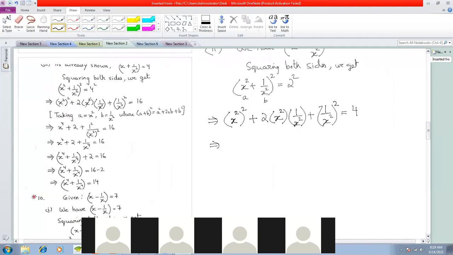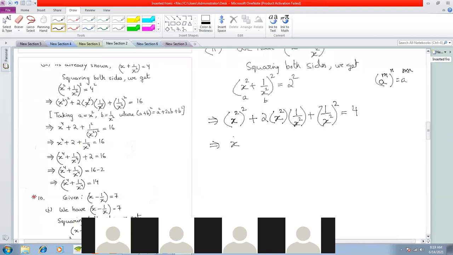So now x square whole square will be x to the power of 2 into 2, because from the law of exponents, what do you know? That a to the power of m whole to the power of n is equal to a to the power of m into n, isn't it?